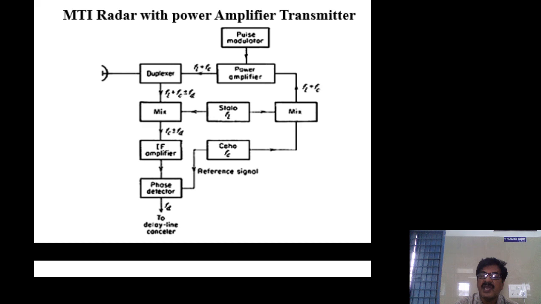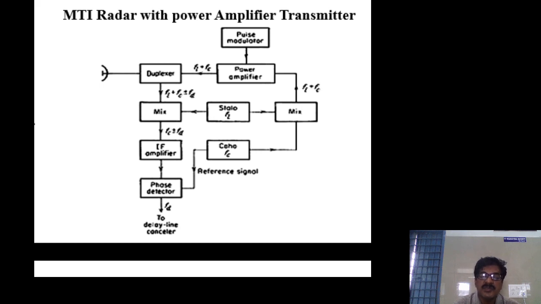Then the output of the amplifier is a pulse type of signal with frequency Fl plus Fc, and it is connected to the antenna through a duplexer unit. The antenna radiates it in the direction of the target. Here only one antenna is used for transmitting and receiving, which is possible with the help of the duplexer.